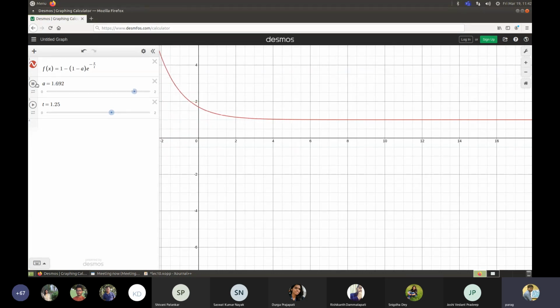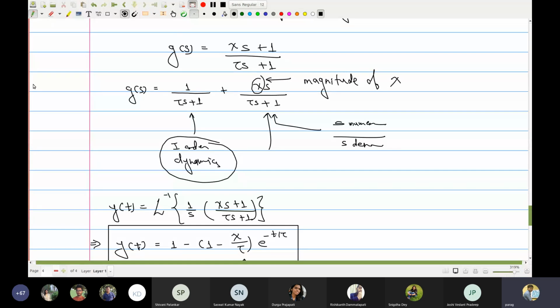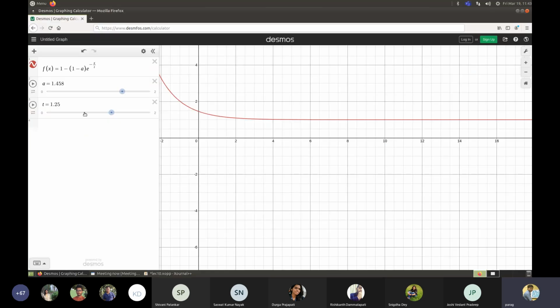So what you see here is a balance between first order dynamics, which you see here, right?